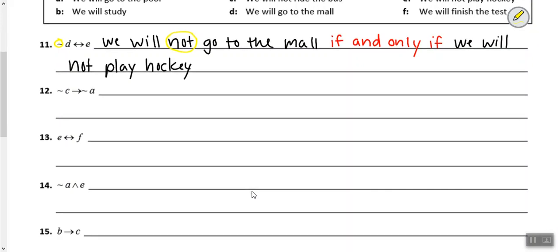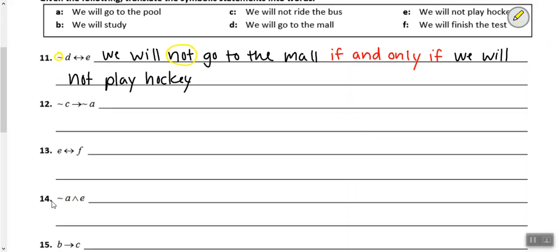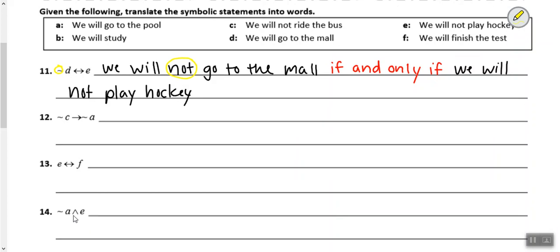Let's jump down to 14. So 14, negate A. So we will go to the pool. To negate it, I'll say we will not go to the pool.